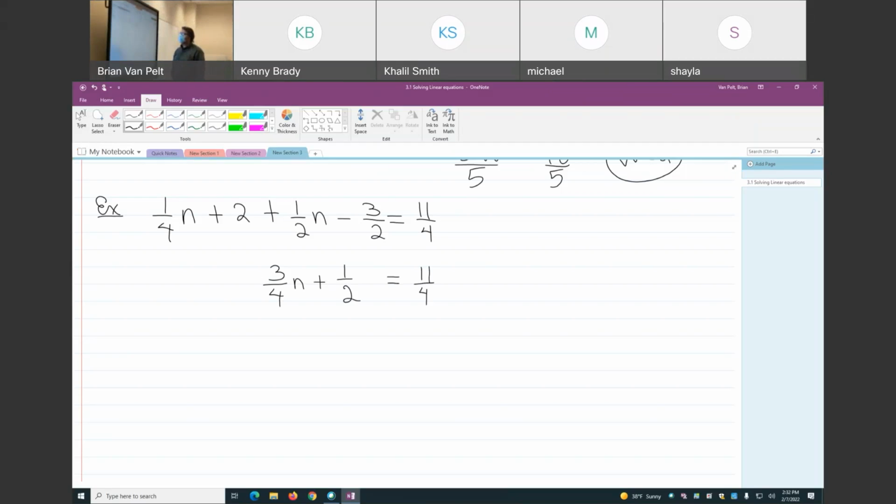Any of you who might not have multiplied by 4, and instead decided to work the fractions, did you end up there? How to get the 3?